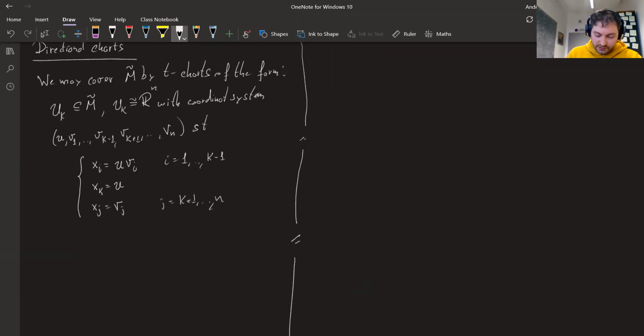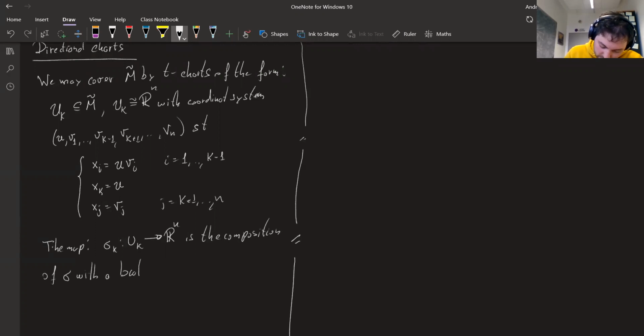So the idea of this, we call it the chart: the map sigma k, which goes from UK to Rn, is the composition of sigma, the blowing up, with a local immersion, let's call it yk from UK to M. In particular, this application here is the first example.